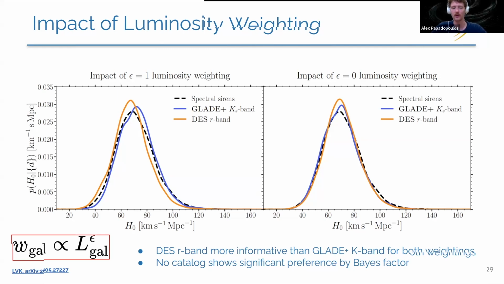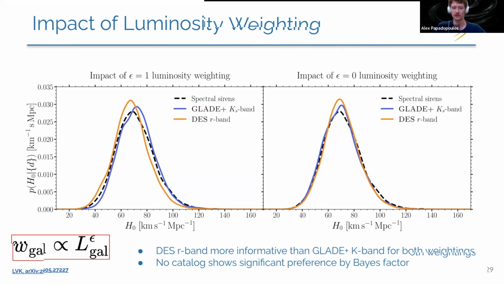We have epsilon equals 1, so directly proportional to the luminosity of the galaxy, or epsilon equals 0, where each galaxy is uniformly weighted. Both of these are quite informative choices in their own way, because either we're saying that we don't care at all what kind of galaxies our gravitational wave events are coming from, we have no idea, or we're saying that we quite strongly favor more luminous galaxies, which we might consider to be, for example, galaxies that are forming more stars. So both of these are quite astrophysically informative choices in a different way.